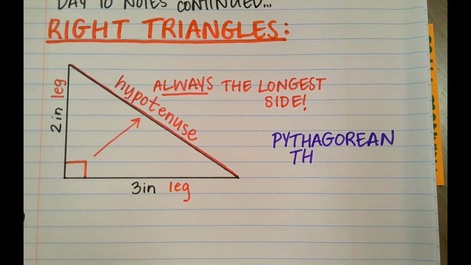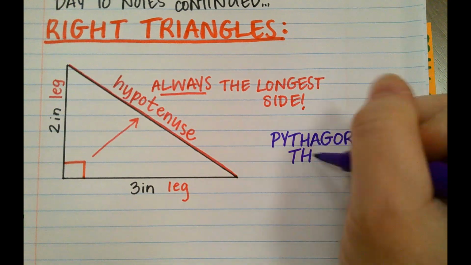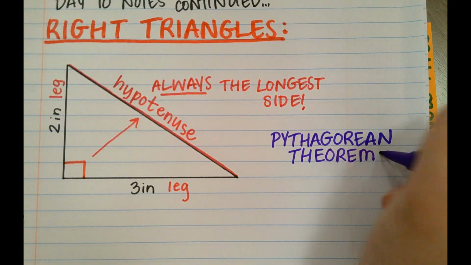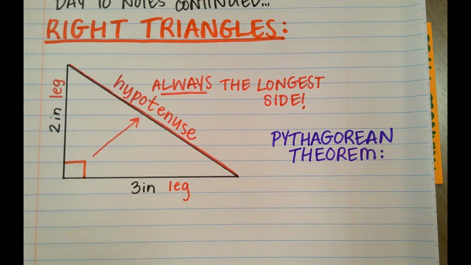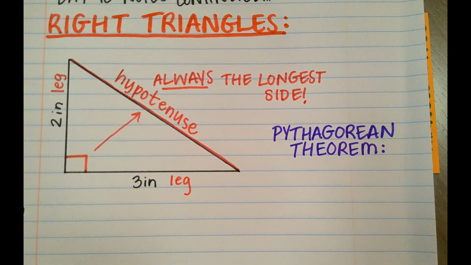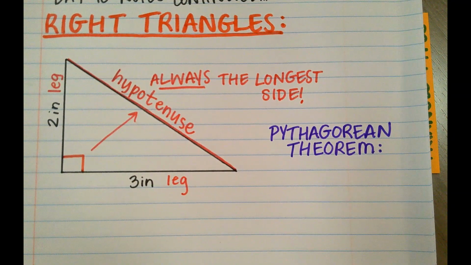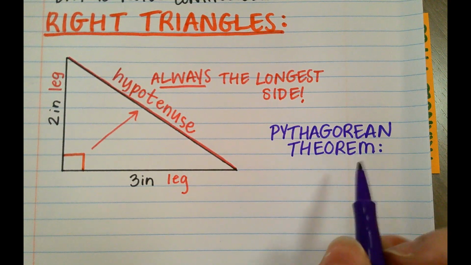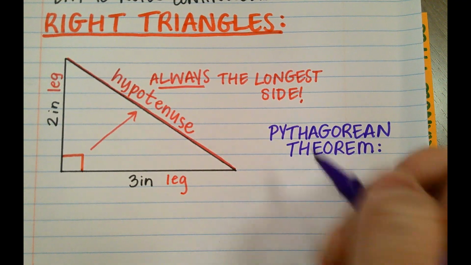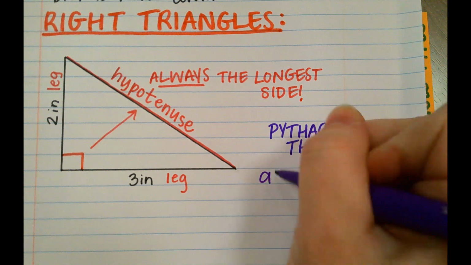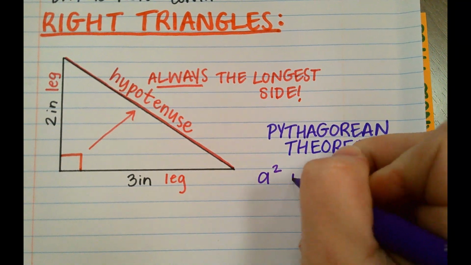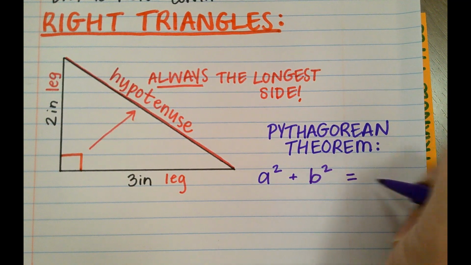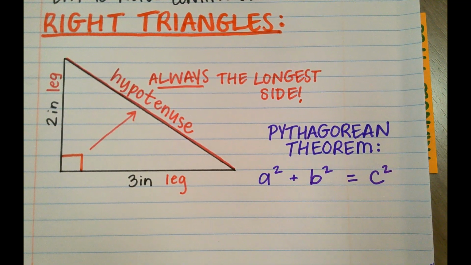The Pythagorean theorem is going to help us solve for the hypotenuse or for the legs. Now we know the legs in this case. We're going to use it to solve for the hypotenuse. Theorem. Pythagorean theorem. You're not wrong. Yeah, it sounds like a villain. So the Pythagorean theorem is this. It's a squared plus b squared equals c squared.